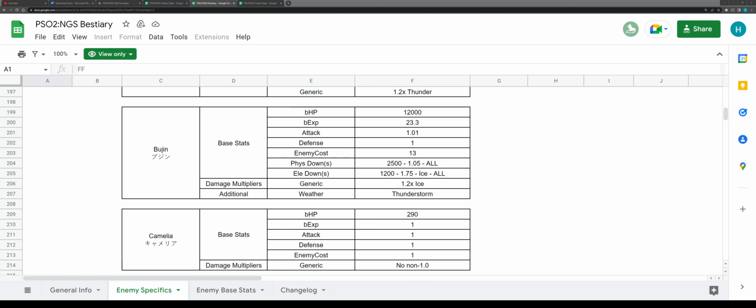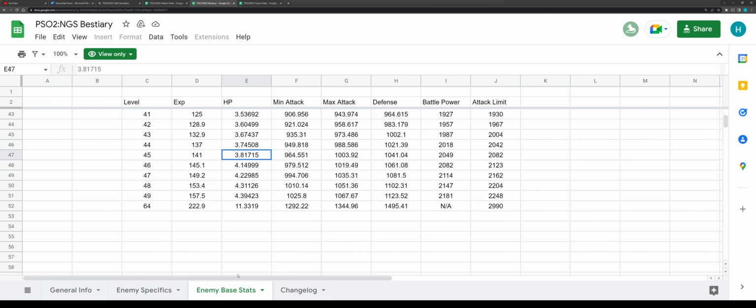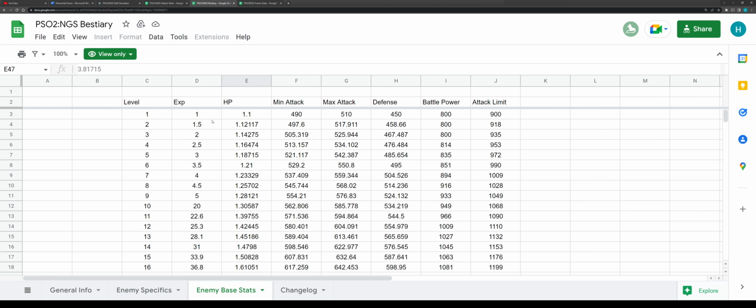There are other ways that an enemy can scale. Once again, we're looking at base HP of 12,000, and that's level 1. Well, let's look at some enemy-based stats, which is also in this data table. At level 1, its HP is, and it's interesting, I'm not too sure how to read this, but 1.1. So does that mean that its HP is actually 12,000 or is it 110%?